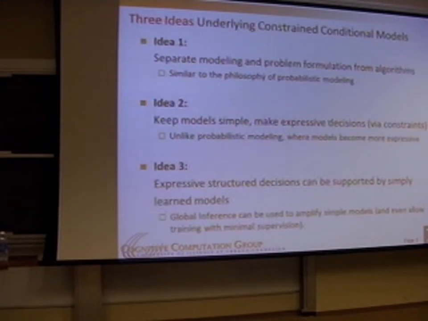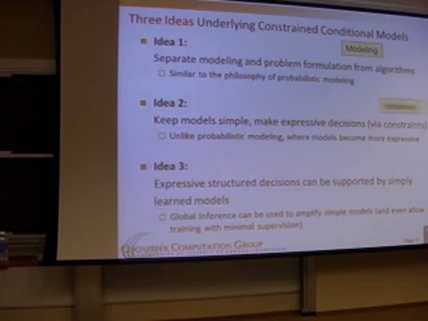So to think about the framework, I think of it as having 3 key ideas. The first one, which I call the modeling idea, is similar to the ideas at the basis of probabilistic modeling. I want to be able to separate modeling and problem formulation from algorithms. This is common. I want to think about how to model problems, not think about how I'm going to solve them eventually.